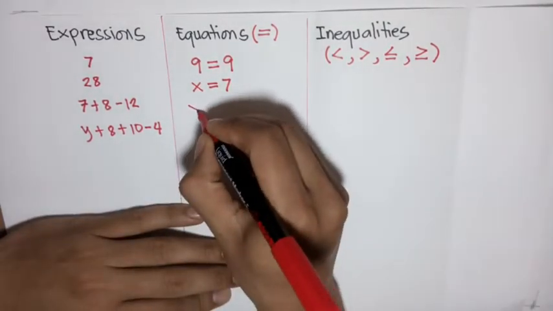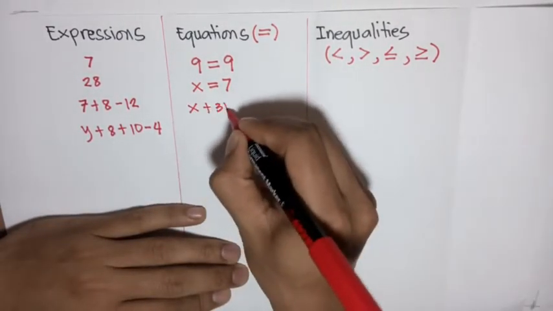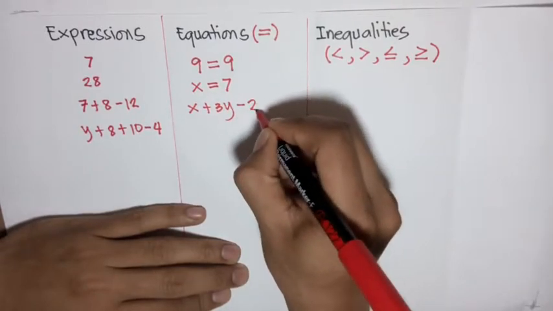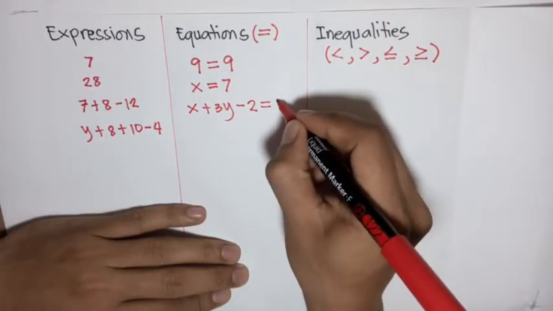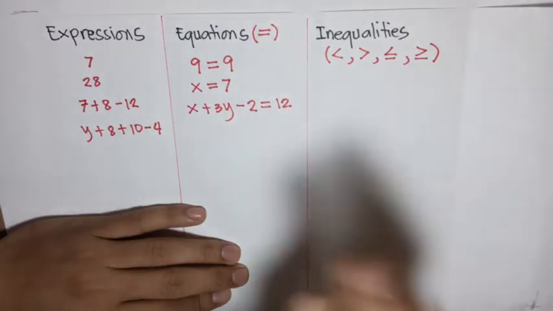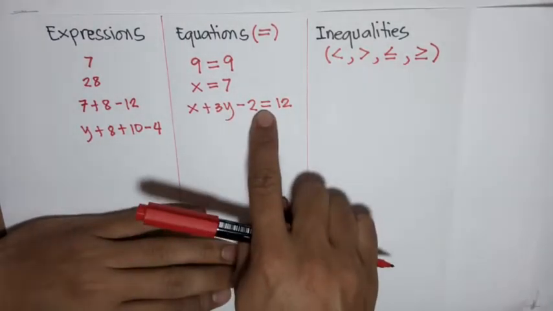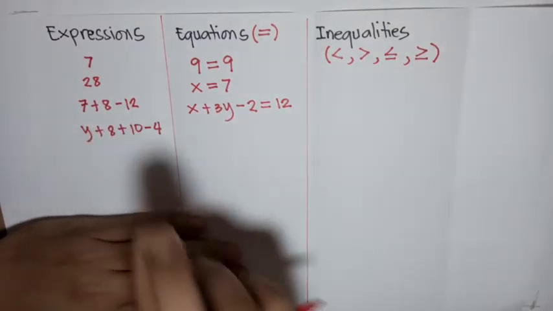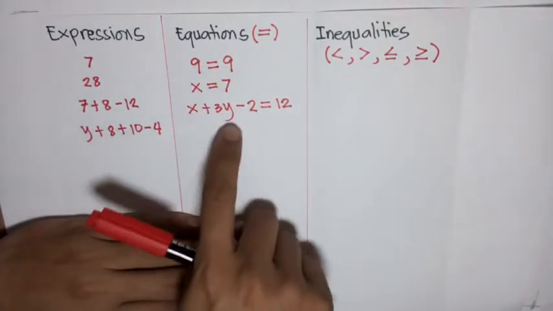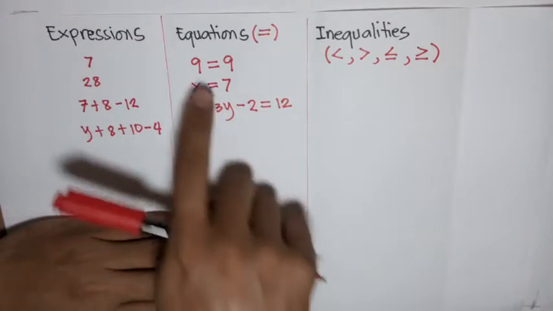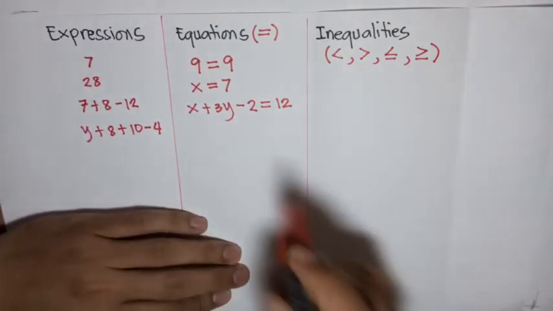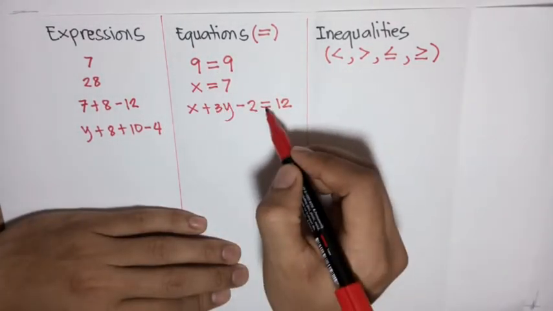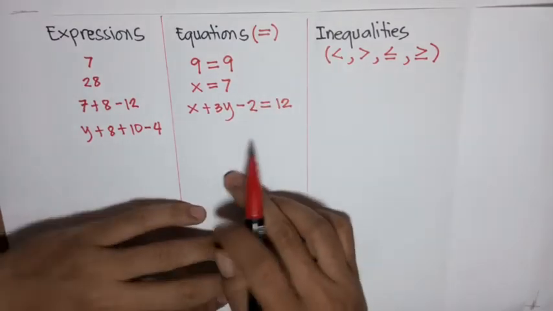Shall we say, x plus 3y minus 2 equals 12. This is an equation. Why? Because there is an equal symbol. Any expression having an equal symbol is an equation.